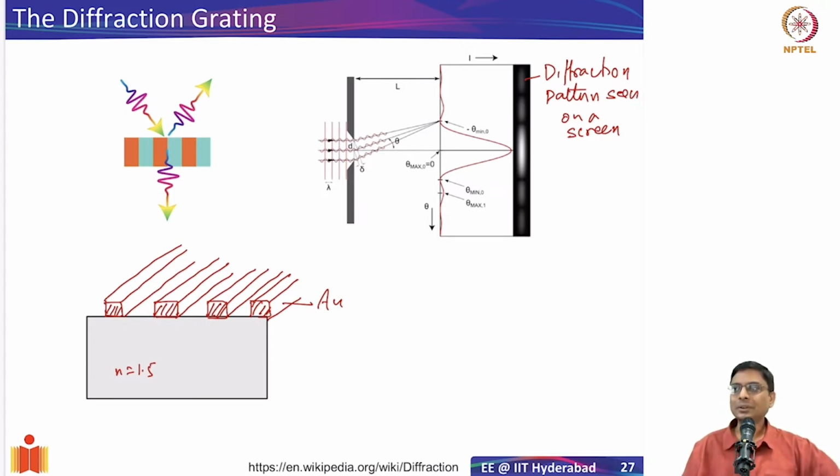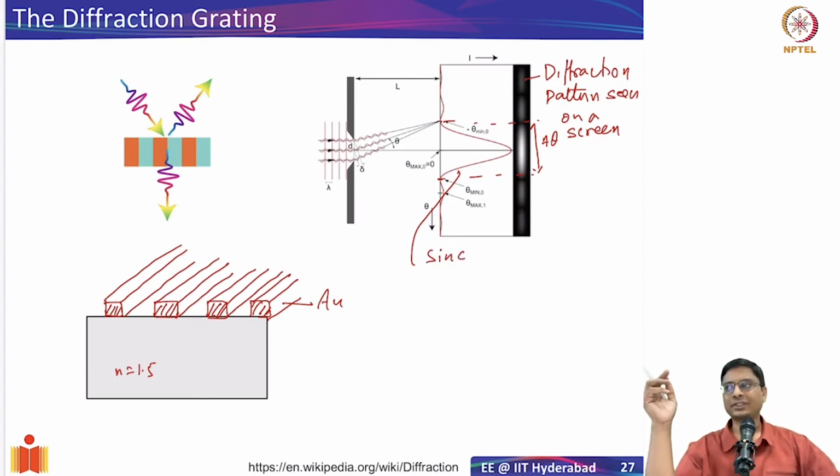All right. One of the unique features of this diffraction pattern is the angular width of the central lobe, which I'll call delta theta. This is what I'm calling the angular width. It has a minimum here and a minimum here, and the whole thing is actually a sinc function. This comes from classical diffraction theory. We don't need to get into all that, but effectively it's a sinc function.